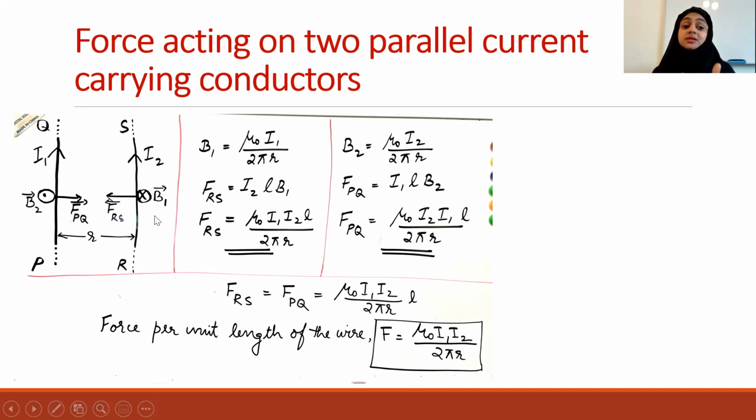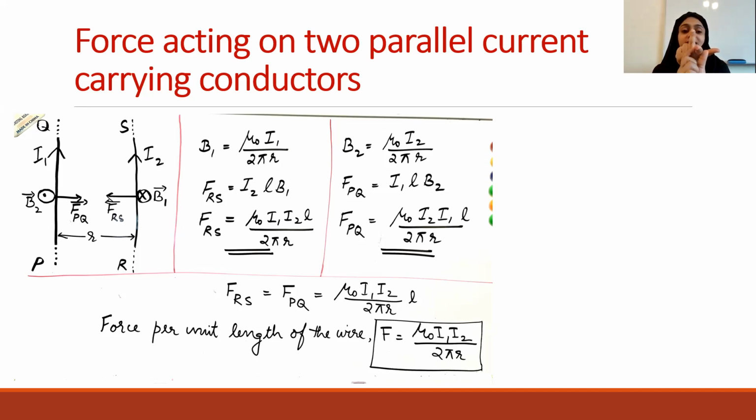For that, let us use our Fleming's left hand rule. So I'm taking my left hand and I have to hold my first finger in the direction of the magnetic field, which is into the screen. So I'm holding my left first finger into the screen and the current is going upwards. So the second finger I have to hold upwards.